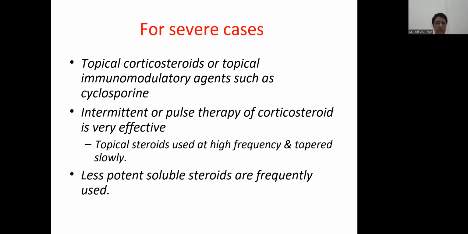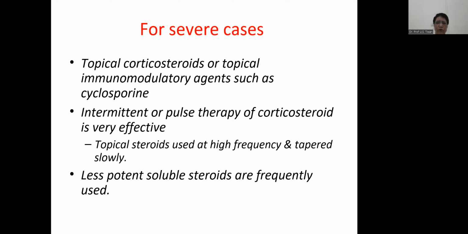And we prefer less potent soluble steroids as compared to dexamethasone or betamethasone. These steroids are such as fluorometholone or loteprednol or prednisolone or rimexolone, which have a lower propensity for a rise in the intraocular pressure.